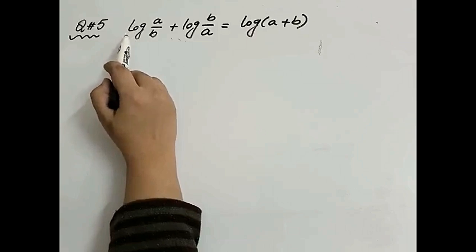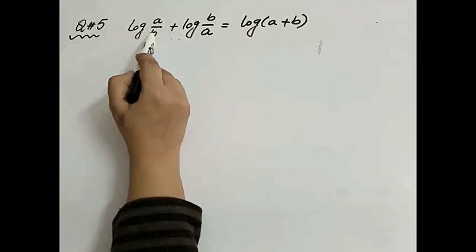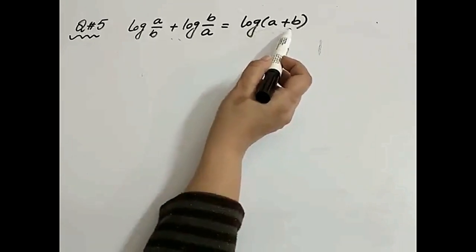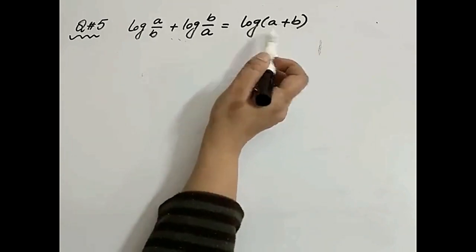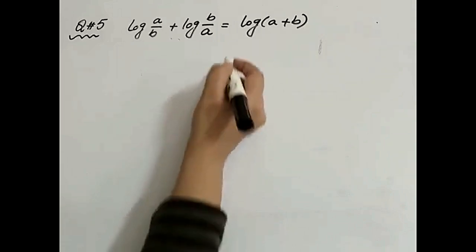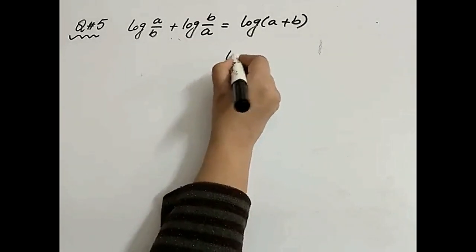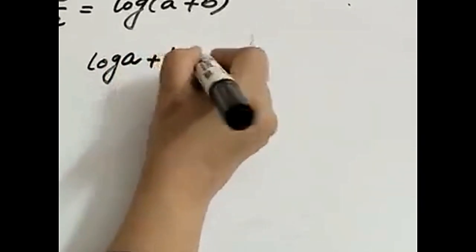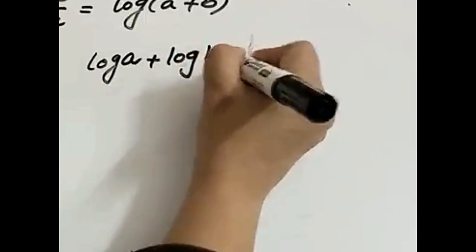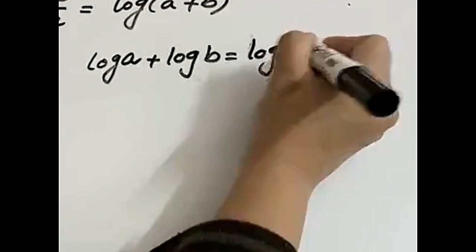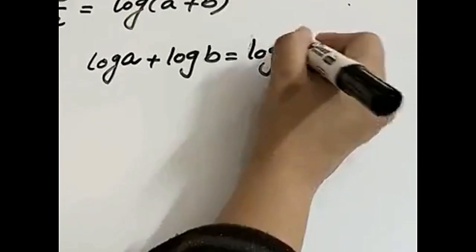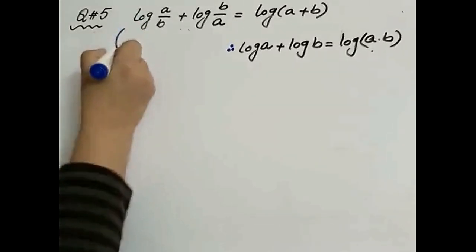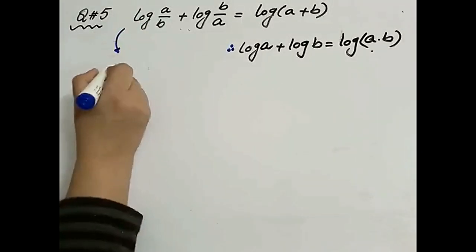Here in question number 5, log a by b plus log b by a is equal to log a plus b whole. As we know, by the first law of logarithm, log a plus log b is equal to log a into b. By the first law of logarithm, we are going to resolve this.